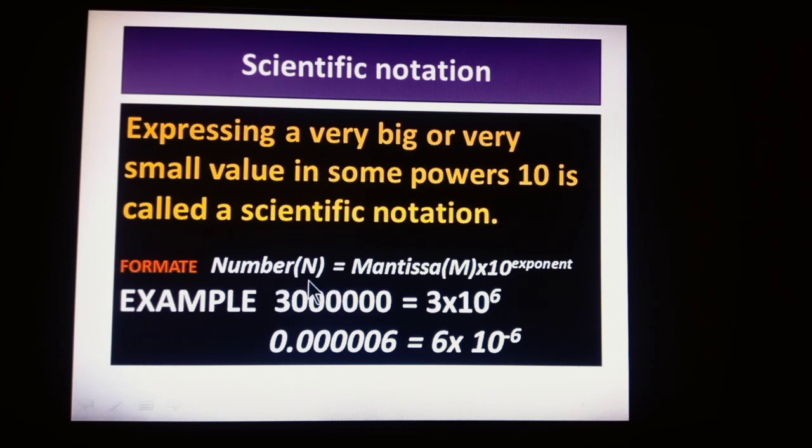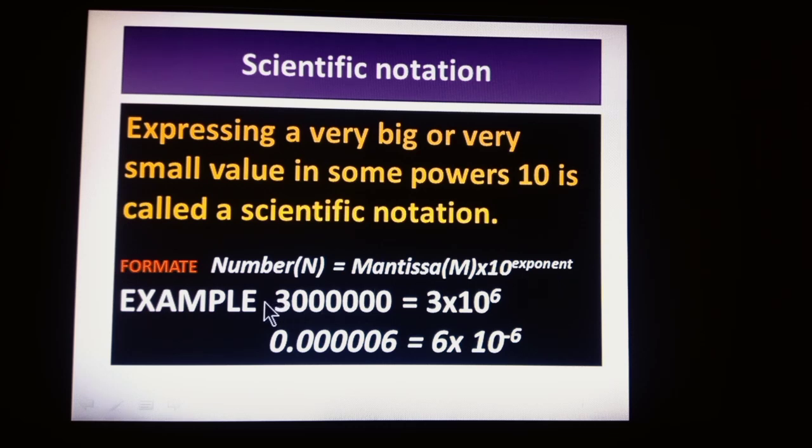If we have a number n, we will write it as some value multiplied by some power of 10. This value is called the mantissa, and the power of 10 is called the exponent.